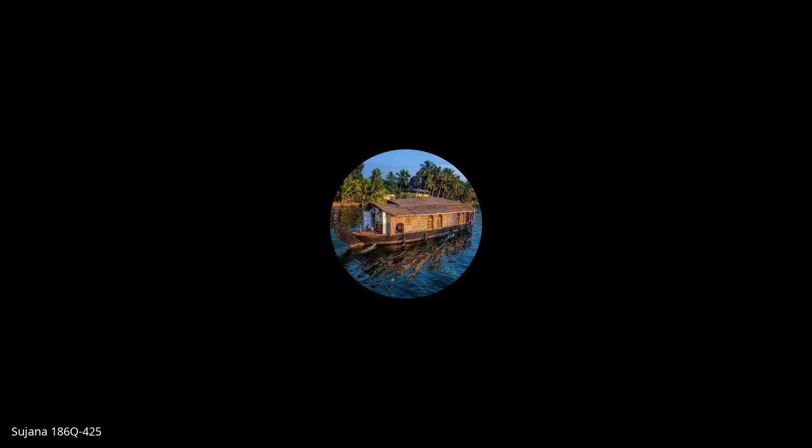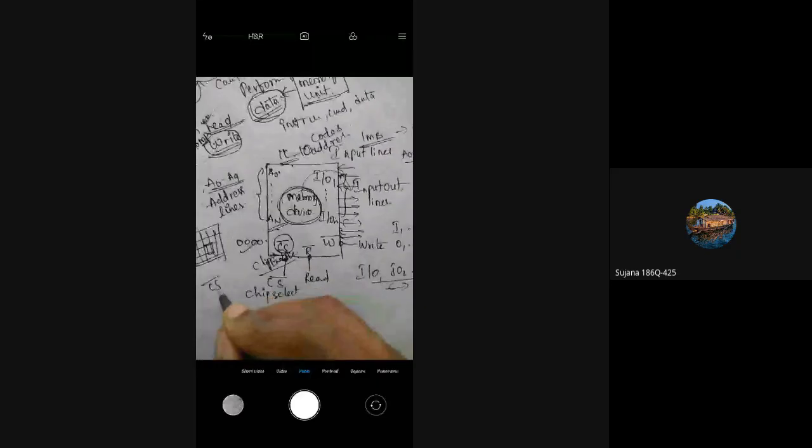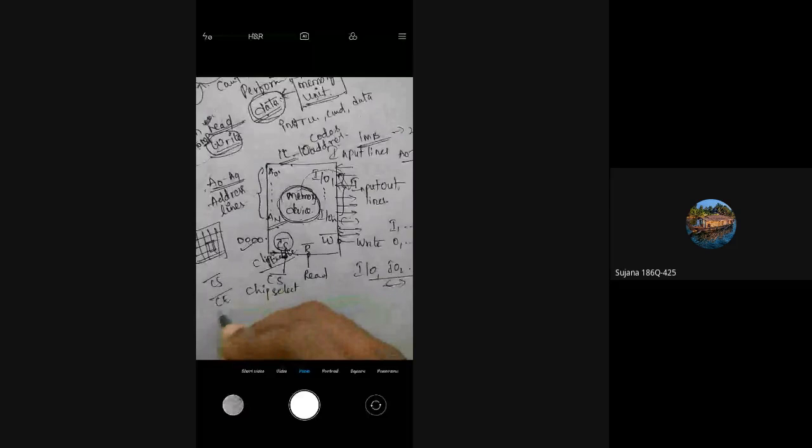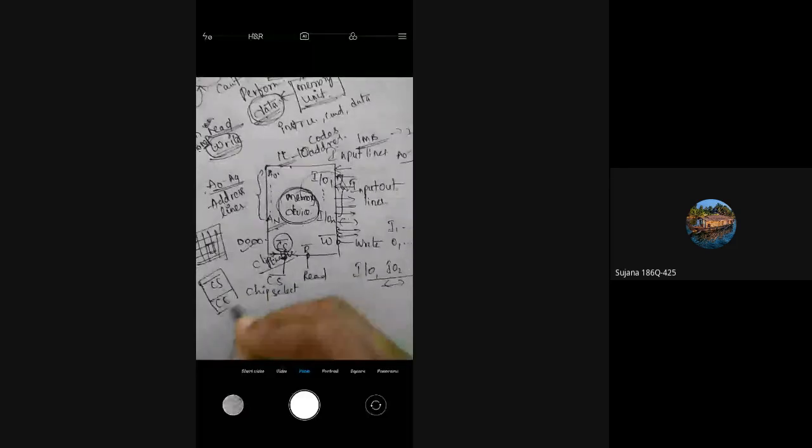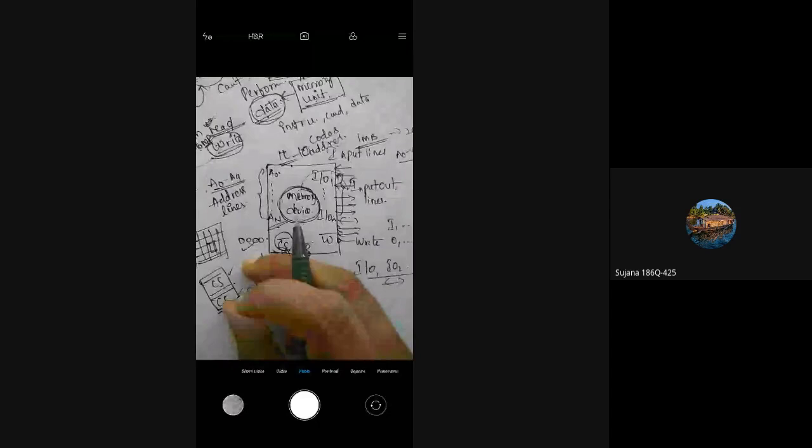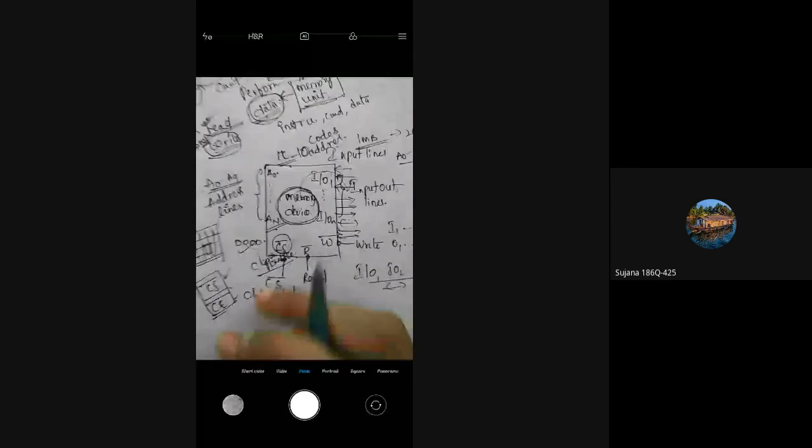Next is chip select. This chip select is also called chip enable. Sometimes you will come across CS, and sometimes CE. CE is chip enable and CS is chip select. Both are the same. How is this chip select used?